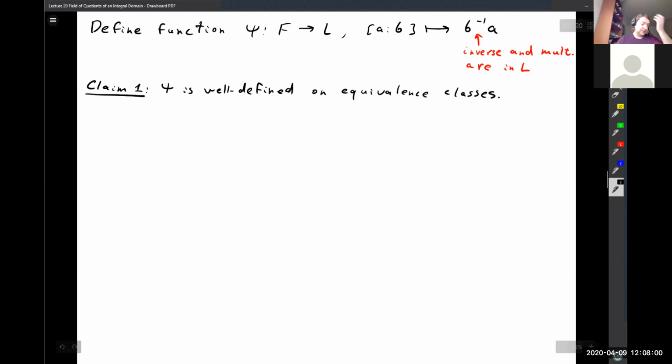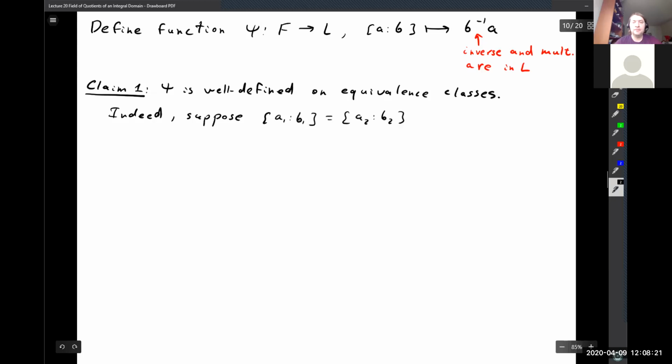Indeed, suppose that we have 2 equivalent fractions. Suppose that the equivalence class of A1 over B1 is the same as the equivalence class of A2 over B2, right?